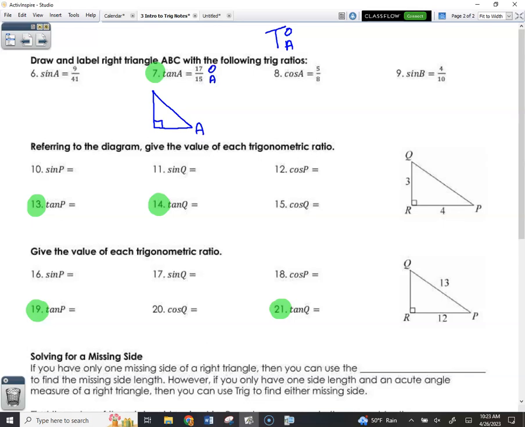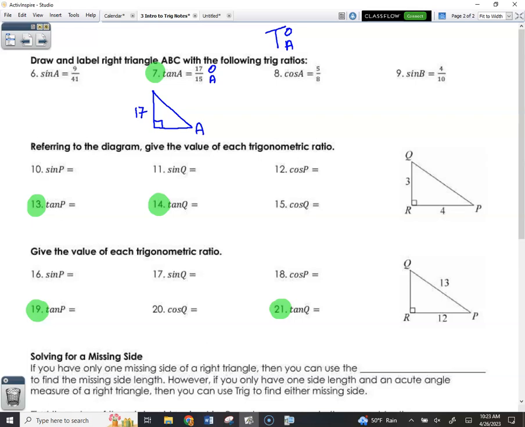This means from angle A, what is the length of the side opposite of it? 17. So I'm going to go to my picture, to the side farthest away, not touching, that's opposite. And I'm going to label it 17. Then what's the side adjacent? 15.